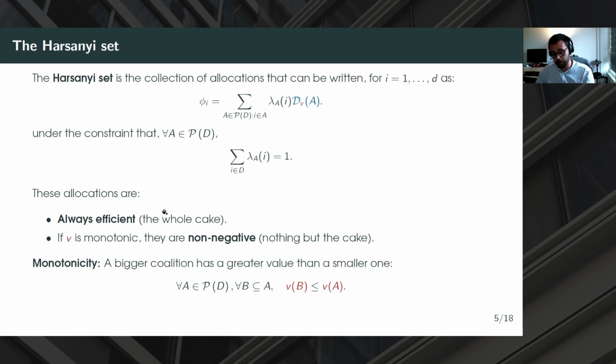It means that we are always going to be allocating the whole cake. And if V, the value function, is monotonic, then they're always going to be non-negative. By monotonicity, I mean that a bigger coalition must have a greater value than a smaller coalition. If B is included in A, for two coalitions, the value of B must be less or equal than the value of A.